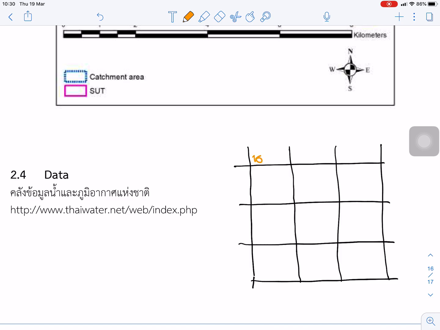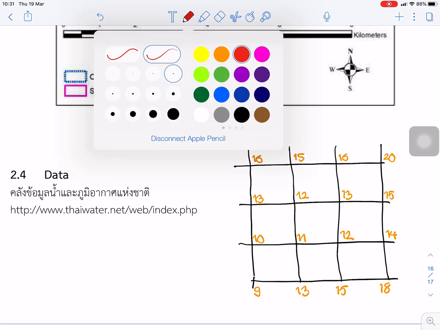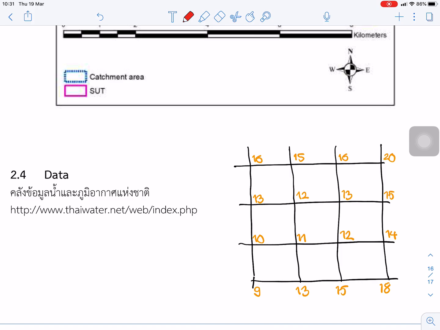This is a spot elevation. At each grid line we measure the elevation, 16, 15 meters. From these spot elevations we can do some interpolation if we want to draw the contour line.